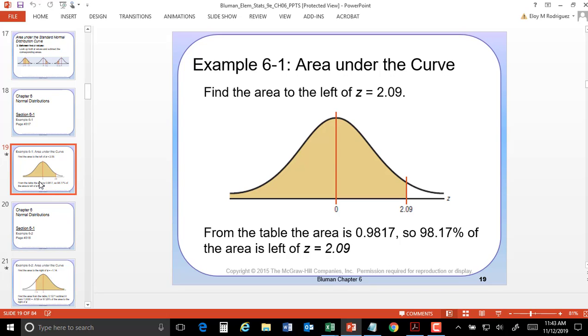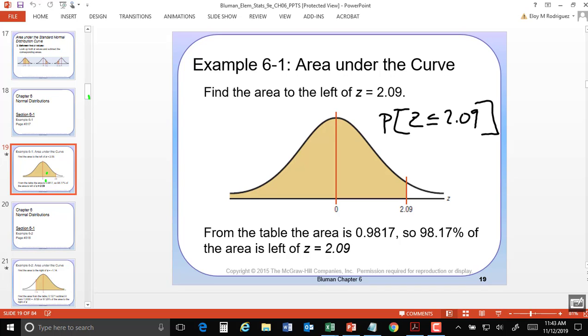We already figured it out. Now, what is the probability? How would I write that? I would write it like this: what is the probability that the random variable z is less than or equal to 2.09? This is how you write it. And you want to know what that area under the curve is.